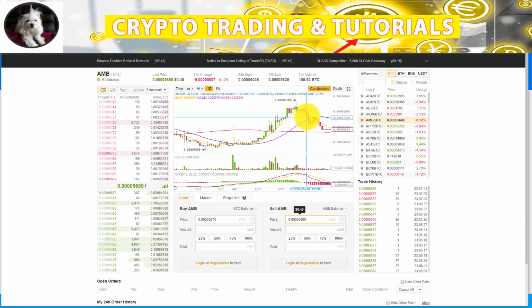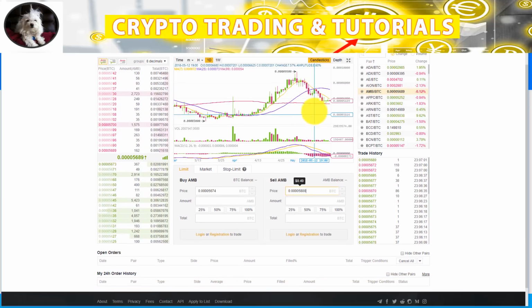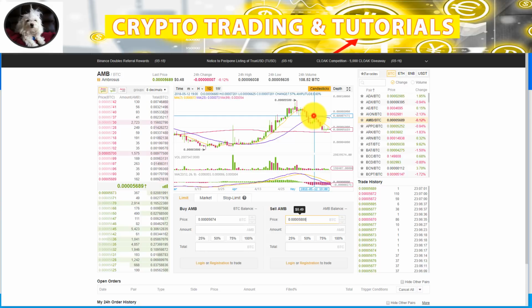And it finally crossed through the 25, and then, as we look at this here, it uses the 25 as resistance. So see that? It used the 25 as resistance. And then here it was trading both above the 25 and the 99-day in this whole range. And then it moved down, and then it used the 99 moving average as actual support. See how it bounced off that there?